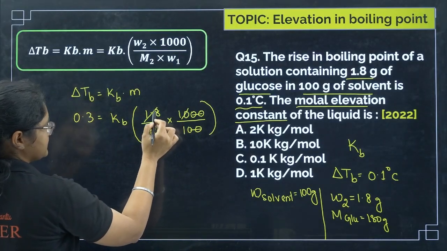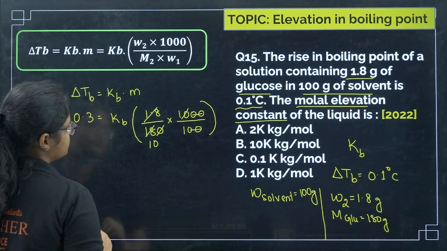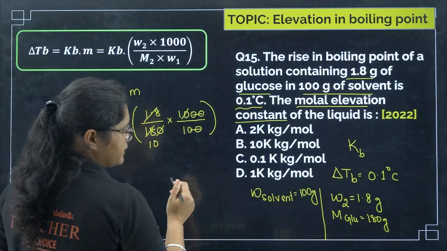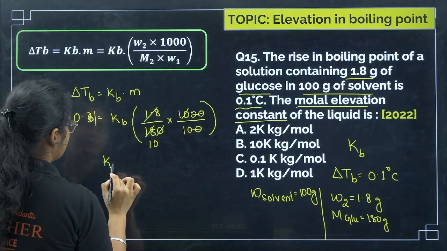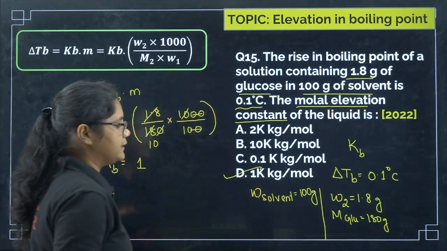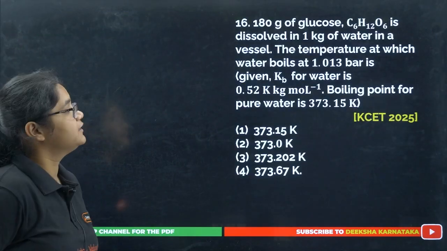I can write this as 18 by 180, so I have 1 by 10. Just a minute, sorry, I made a small mistake here. This is 0.1, so this 10 I will multiply. What is the value of Kb here? 1. So that is your option number D. Okay, fine. Next, moving to question number 16.